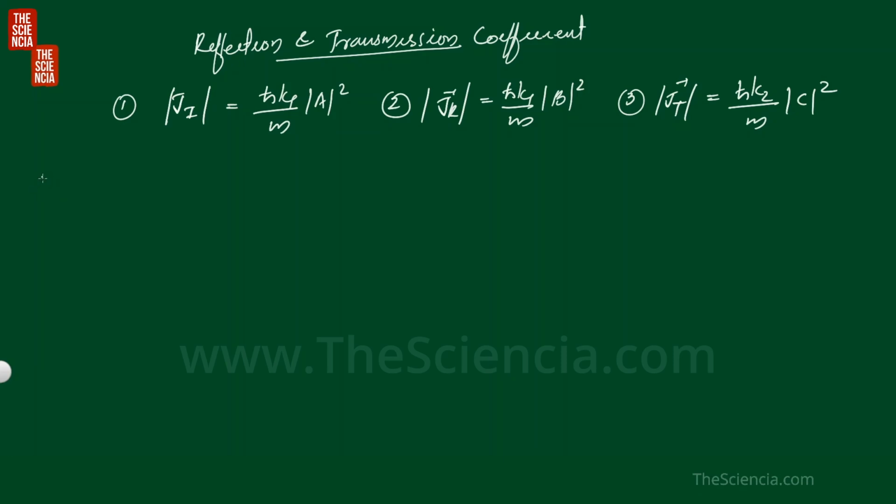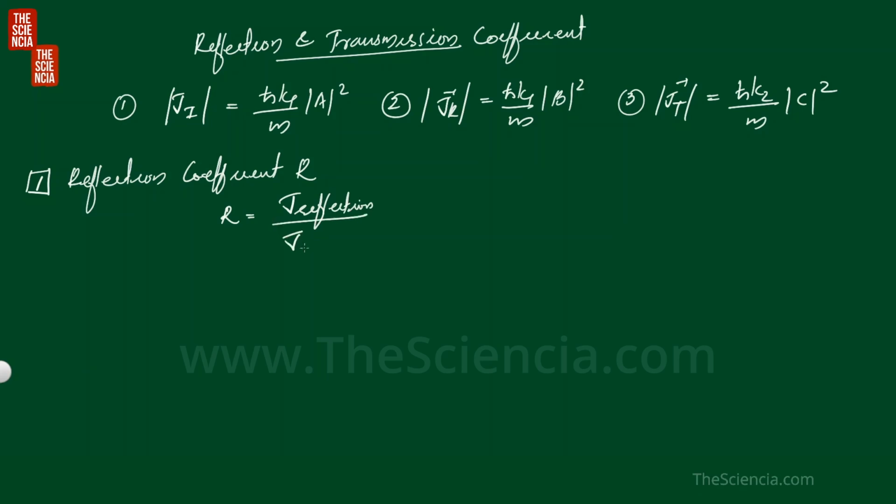The reflection coefficient R is defined as J reflection by J incident.